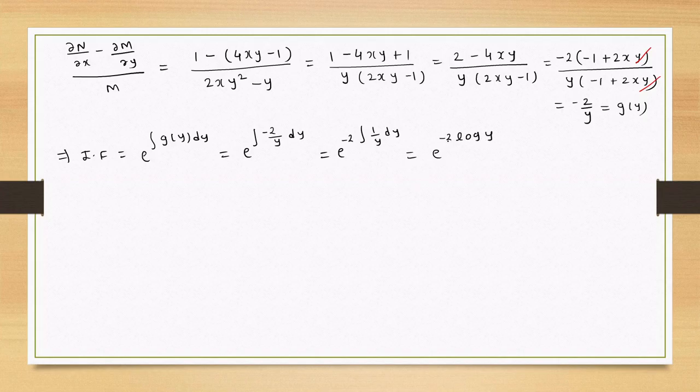Since we have the formula b log a is the same as log a raised to b, this minus 2 goes to the power: log y raised to minus 2. Now this e and this log get cancelled, so it is y raised to minus 2. This implies the integrating factor is equal to 1 upon y square.